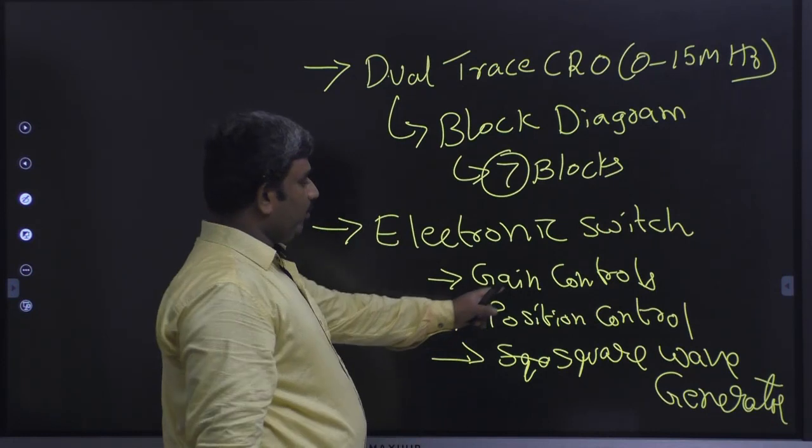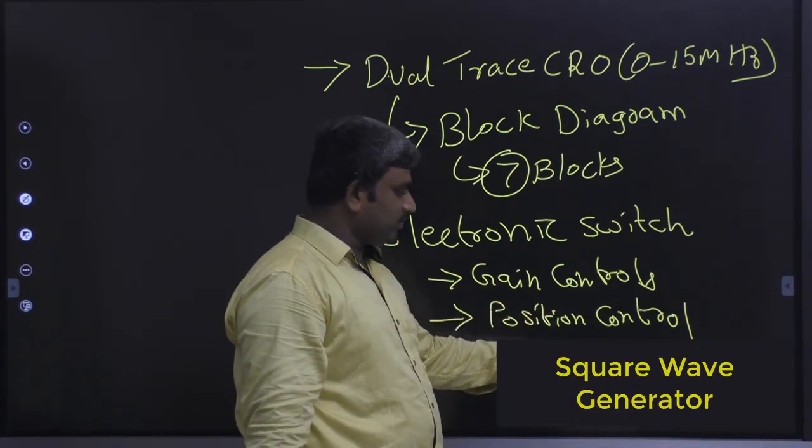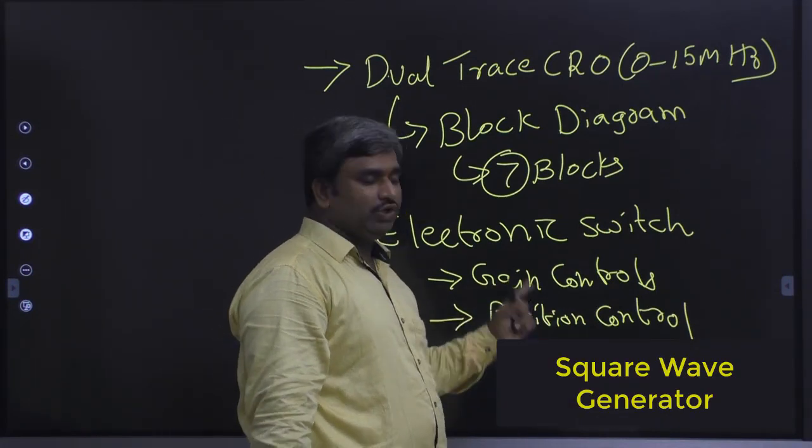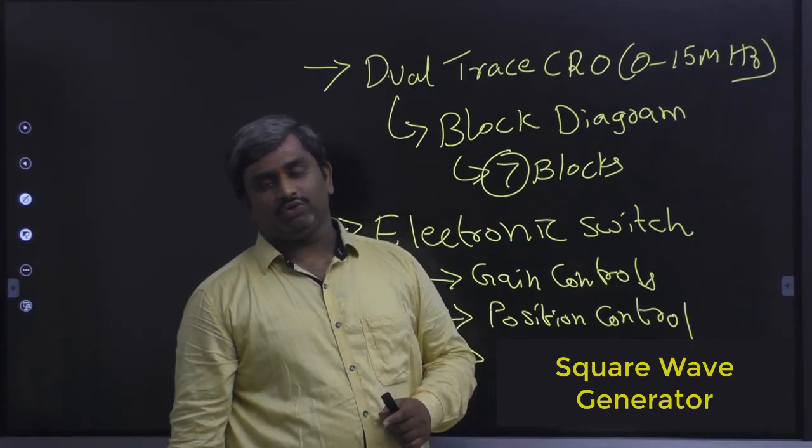Right. So here we have gain control, position control, and square wave generator. These are the 3 blocks available in the electronic switch.